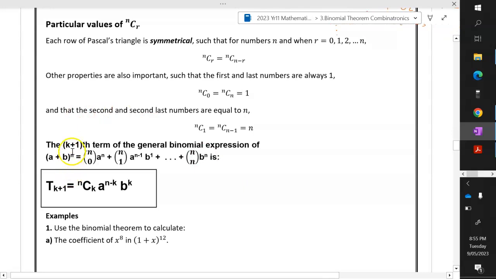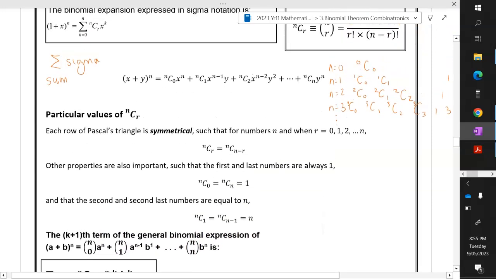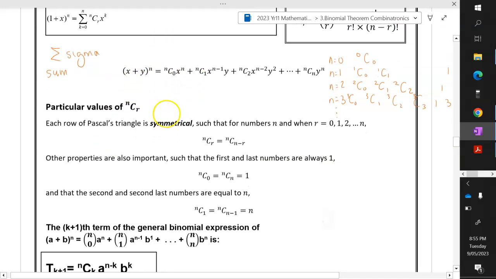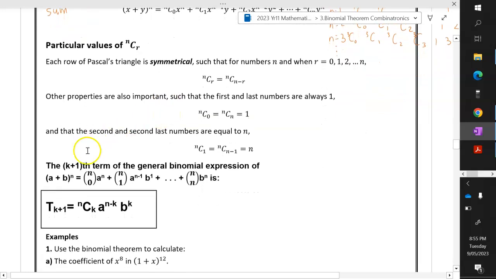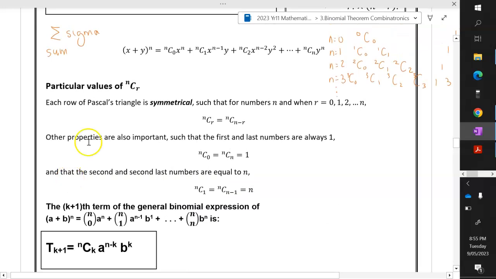Okay, the k plus 1th term of the general binomial expression, which is the same as what we've got up here, okay? And we've got this expansion. So this is just basically expanding a plus b to the n, which is the same as x plus y to the n, just another way of writing it. nC0 is the same as n0 in our brackets.